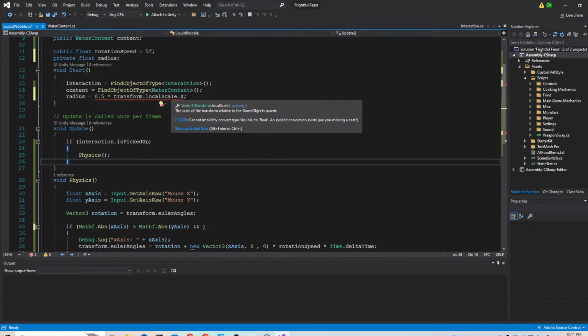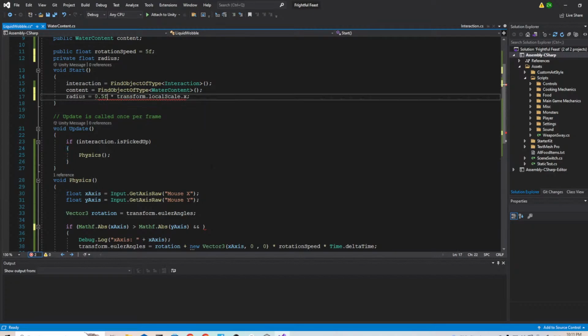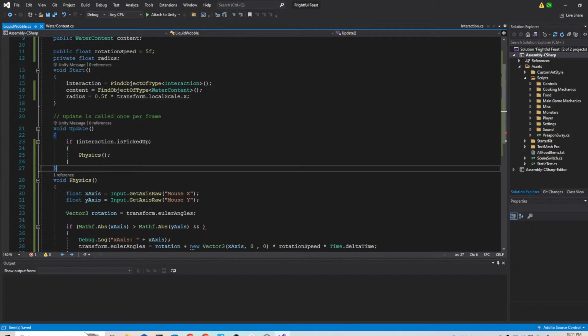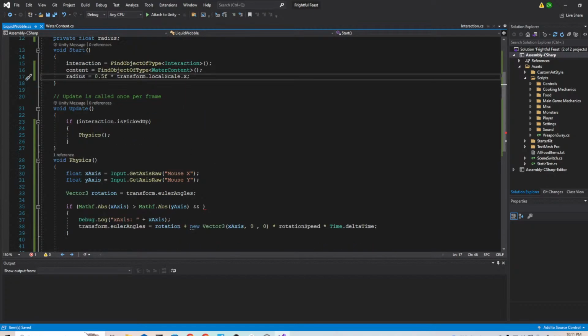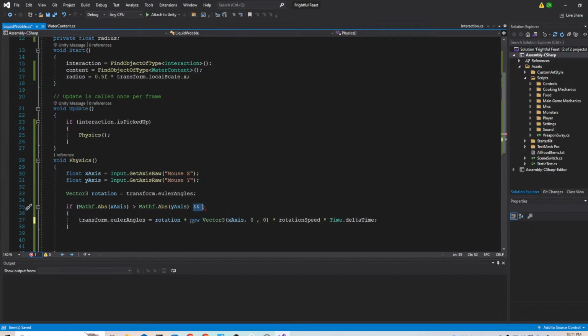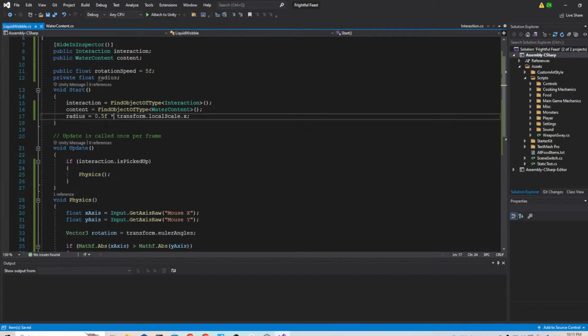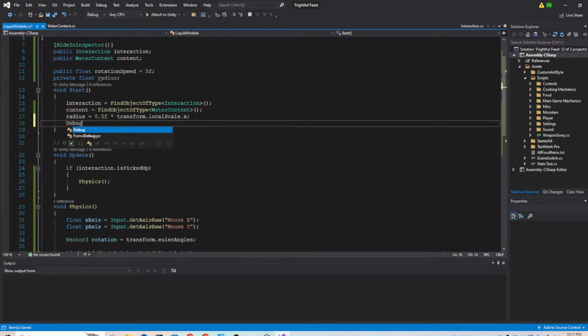What's wrong here? Double the F. And then we'll Debug.Log that. So we'll have to do a little bit of maths. Debug.Log radius.